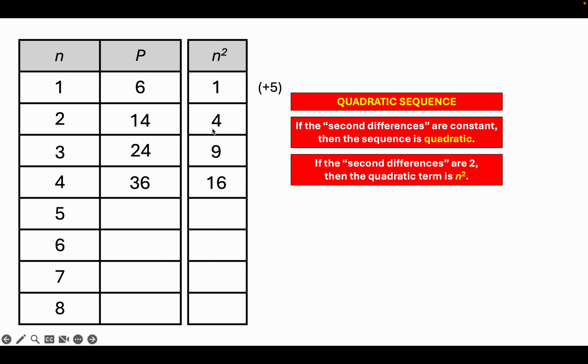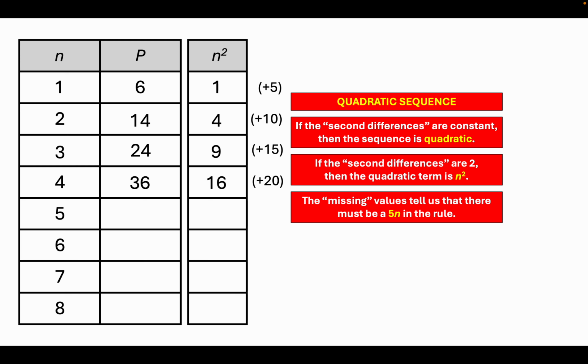From 4 to 14, I'd need to add 10. From 9 to 24, add 15. And from 16 to 36, add 20.